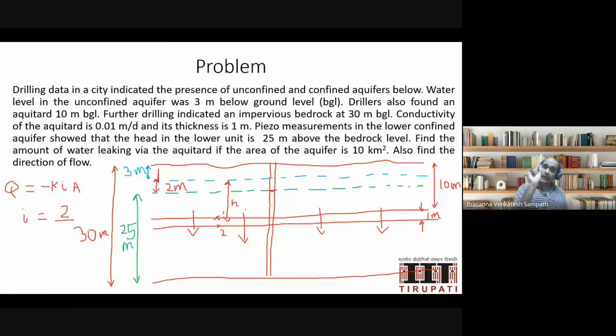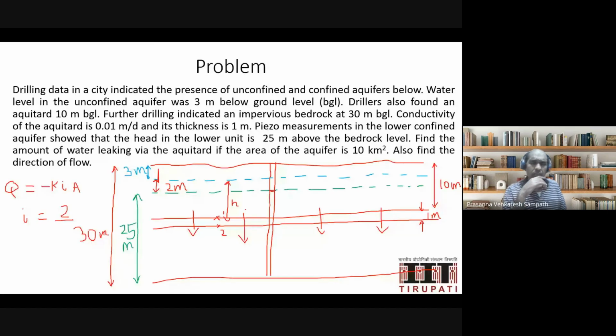So at point 1, the pressure will be P atm plus rho g h, where h is equal to 7 meters, divided by rho g, of course, right? So it will be P atm by rho g plus 7 plus, what did I say? 15? 25, 5, 10.